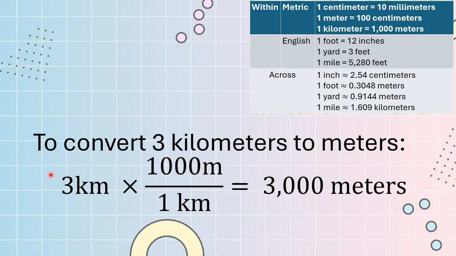So, 3 kilometers times 1,000 meters divided by 1 kilometer. Why do you need 1,000 meters? Kasi ang isang kilometro ay 1,000 meters. Therefore, you will just multiply it.